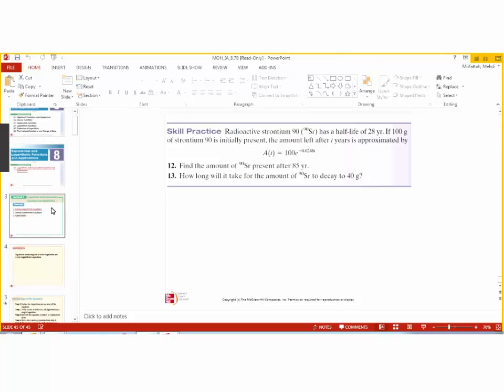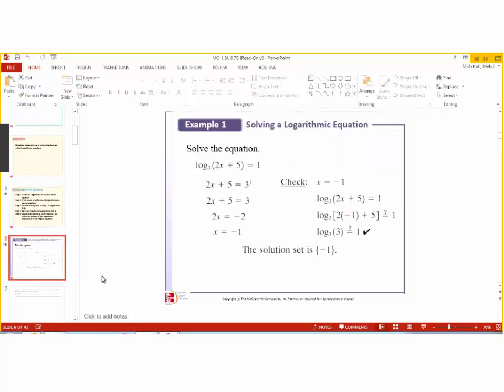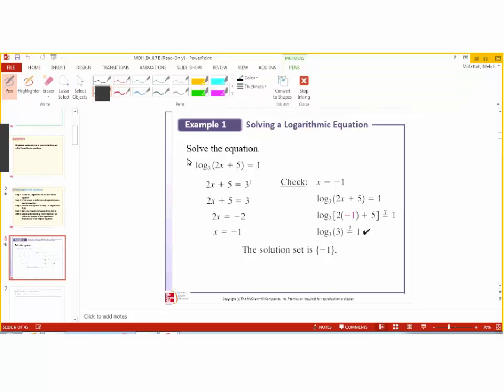Okay, one other thing that you need to know for the next exam is how to solve equations involving logarithms. Let's take a look at some of these, like this one here. Solve the equation. For this type of problem, you can use the basic definition of the logarithm.